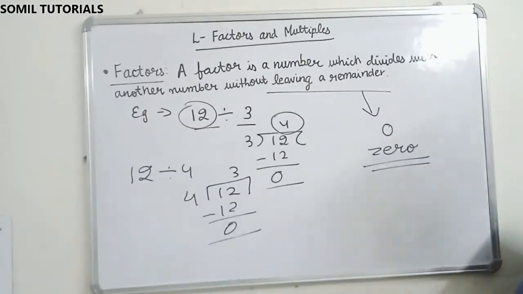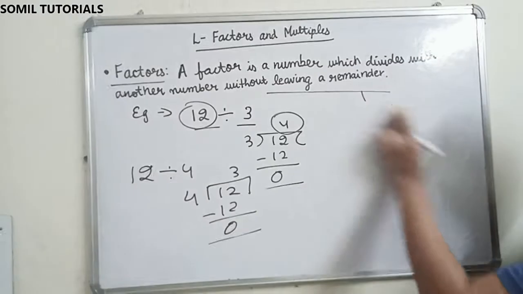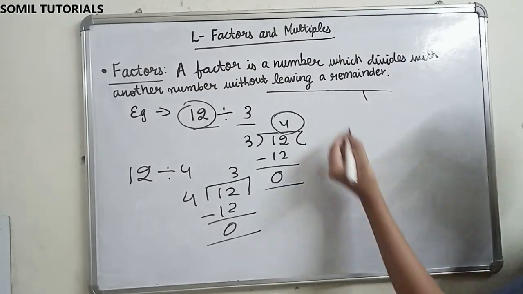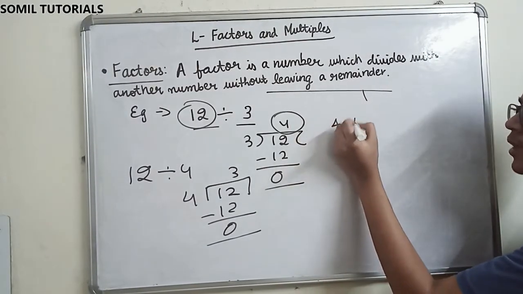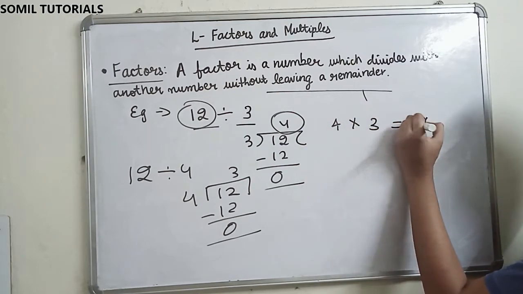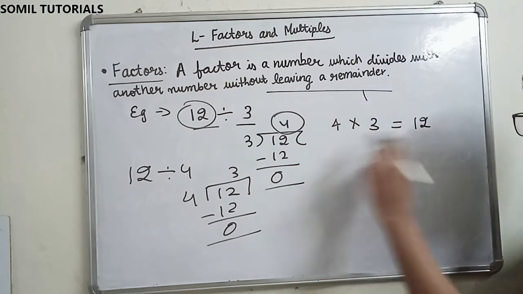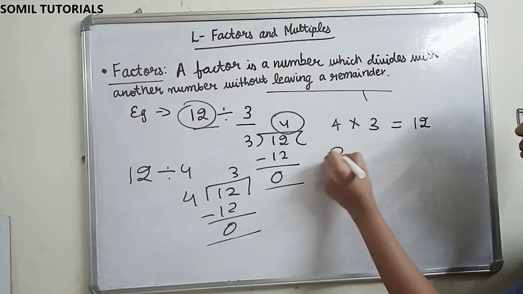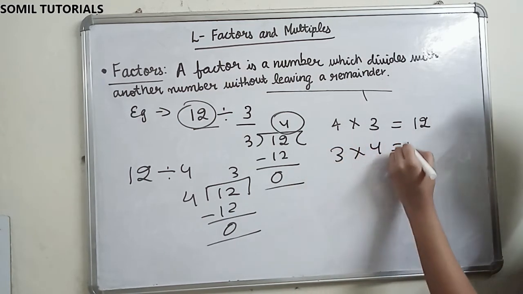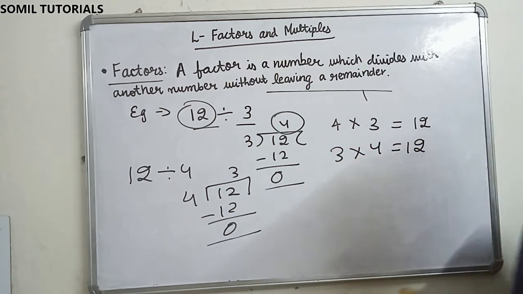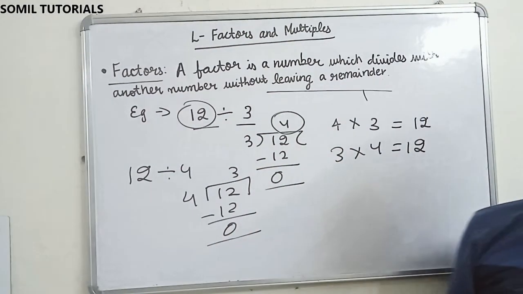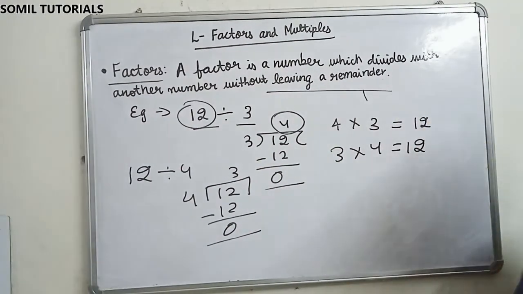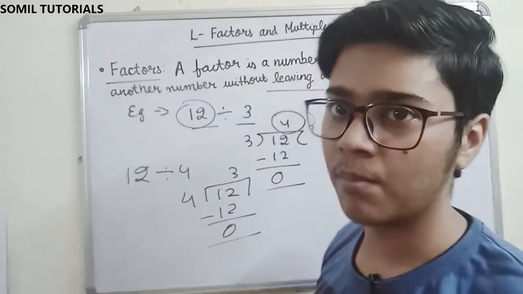One of you must have noted that 4 multiplied by 3 is 12. If I interchange these digits, 3 multiplied by 4, again the answer is 12. So I can say that 3 and 4 are the factors of 12.